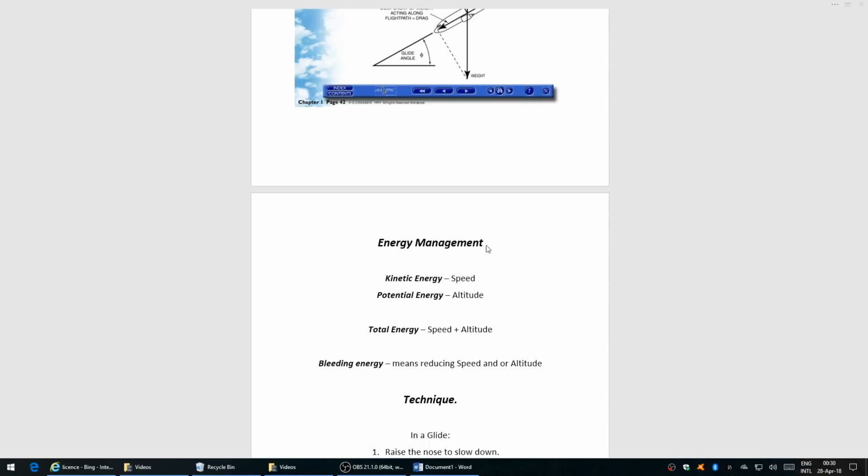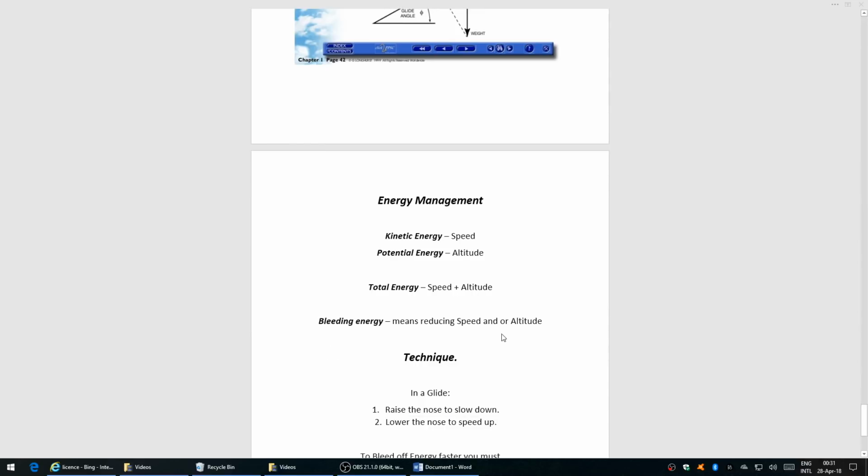So in a glide, we are constantly assessing and evaluating our total energy state and adjusting the horizontal flight path of the aircraft so that it is positioned for landing at the correct energy state. So we need the correct speed and altitude to arrive at the beginning of the runway at a suitable speed for landing.